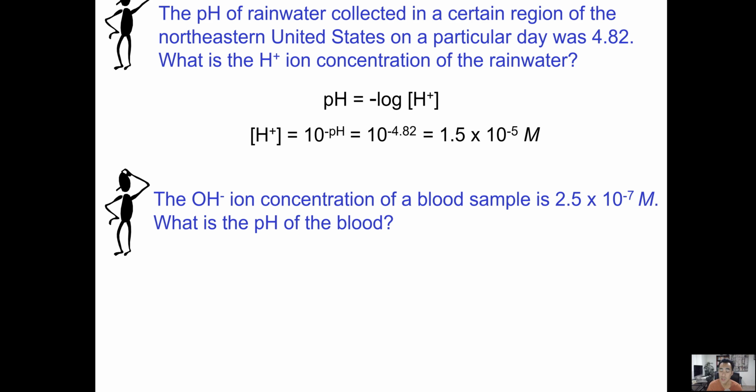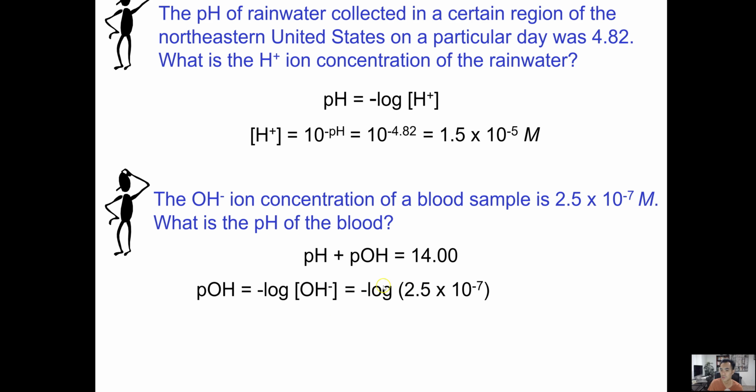Now, similarly, if you take a look at the second equation for the OH concentrations, we're working off something very similar. In this specific case, I give you the pH plus the pOH equals 14. Obviously, we're going to do a couple of simple math steps here. Since we already have one of the values, we're going to get the pOH. So if you take the log of the OH, which is going to be this portion right here, you should end up with the pOH value of the negative log of 2.5 times 10 to the negative 7.